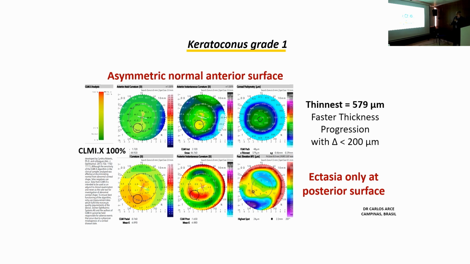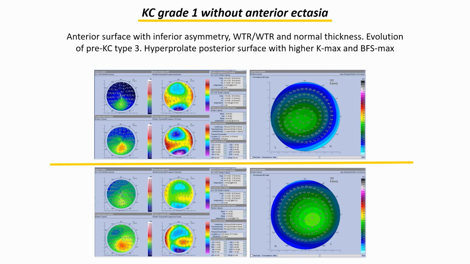This is another one with a very thick cornea. However, we know that this has faster thickness progression, despite being thick, and the ectasia is only at the posterior surface. Grade 1 without anterior ectasia and asymmetry, we find even in thicker corneas like this too.